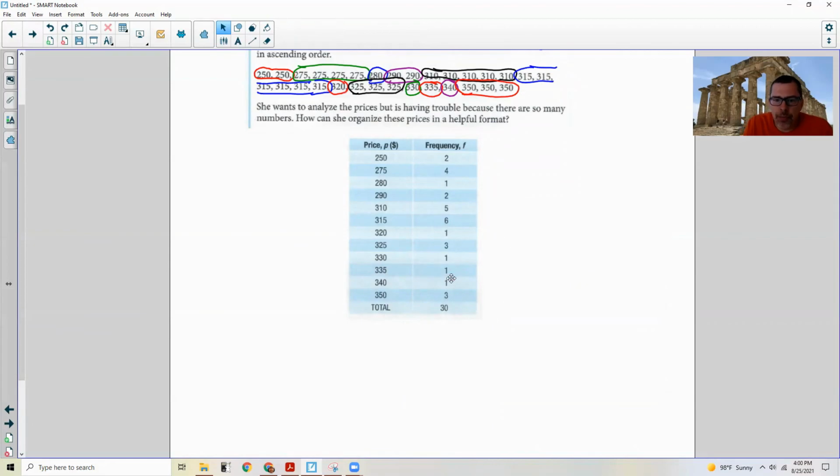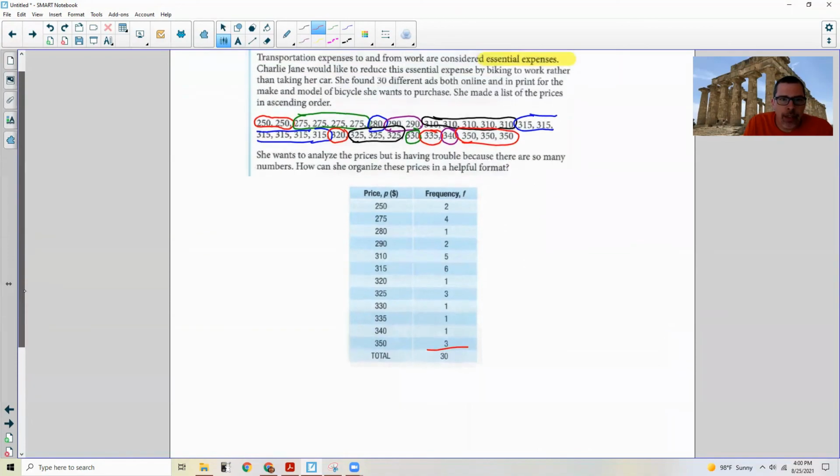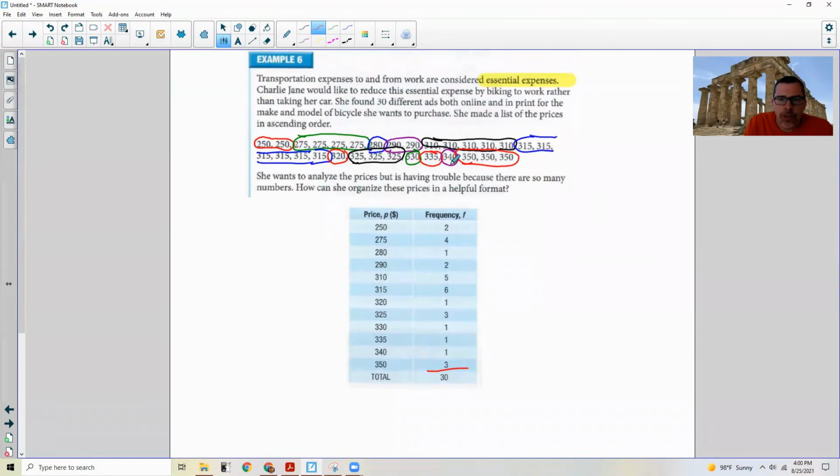Okay, so we've listed them all. Then you take the total, add this column up, 30 bicycles. These are the prices of individual bicycles. And so that's how we can put this list into a helpful format. And that's it, just a T-chart, a frequency table.